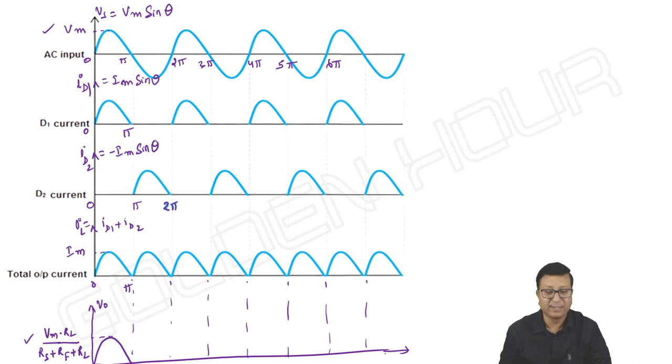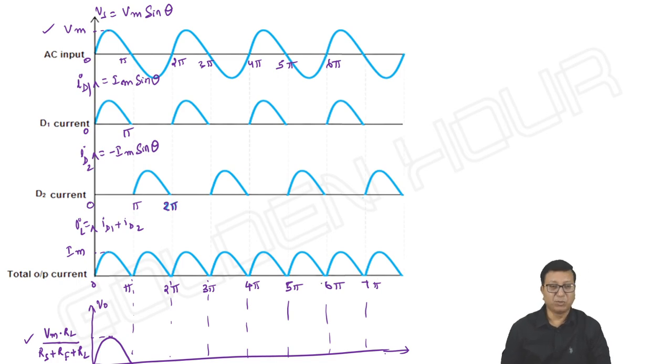We can't write it as Im sin theta. So what about the overall IL? It is ID1 plus ID2. From 0 to pi, it is Im sin theta, and from pi to 2 pi, it is minus Im sin theta. Again, the positive cycle from 2 pi to 3 pi is Im sin theta, and from 3 pi to 4 pi it is minus Im sin theta. Like this we can write.